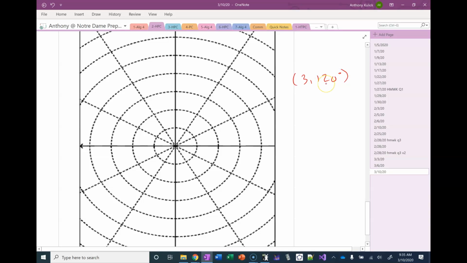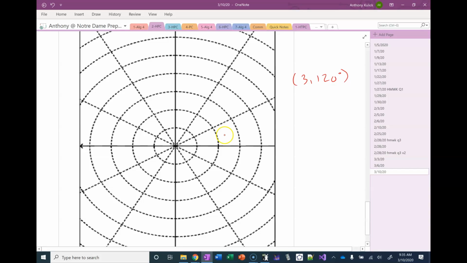So let's say I wanted to graph the point 3, 120. The first thing is I'm going to figure out which one of the straight lines 120 degrees corresponds to. It doesn't necessarily have to be one of the diagonal ones. It could be a vertical or horizontal line.